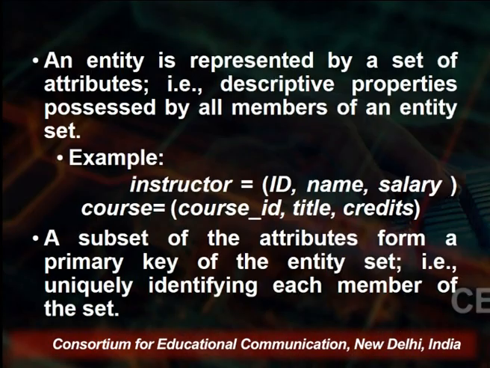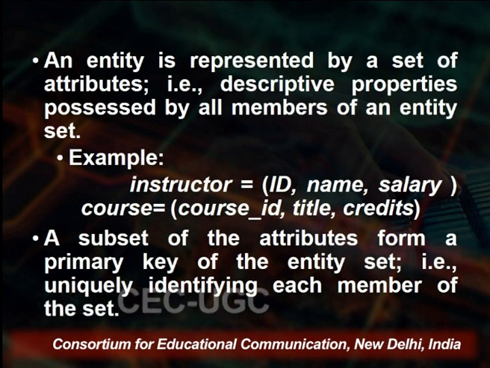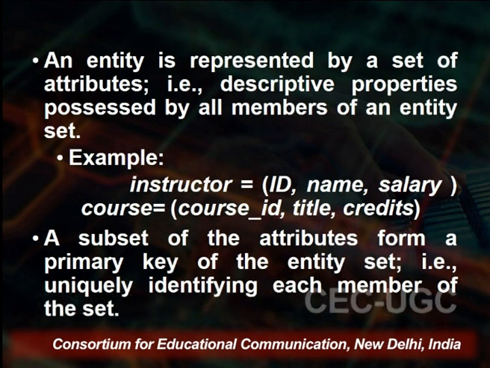In the case of an instructor, we have ID, name, and salary, and the obvious candidate for primary key is the instructor ID. In the case of the course, we have course ID, title, and credits, and the obvious candidate for primary key is the course ID. Now, the question comes up, how are we going to find the entities?